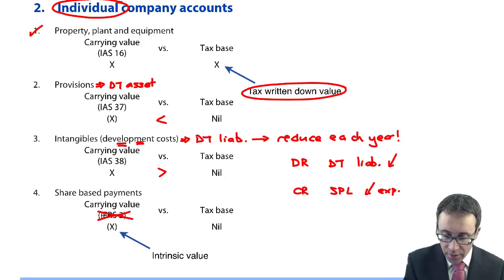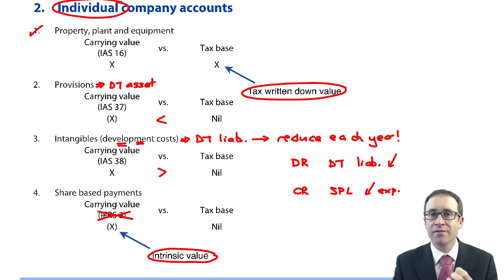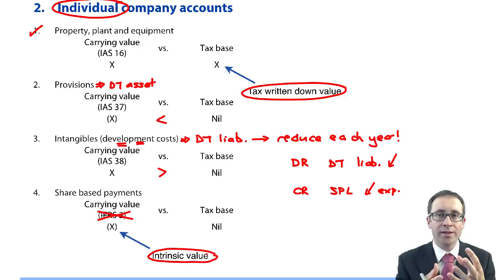So what we do there is use something that is a little bit more factual. And more factual is the intrinsic value of the option. I don't want to get too bogged down with what the intrinsic value actually is. It's essentially just the difference today between the value of the share and what you would pay for it.